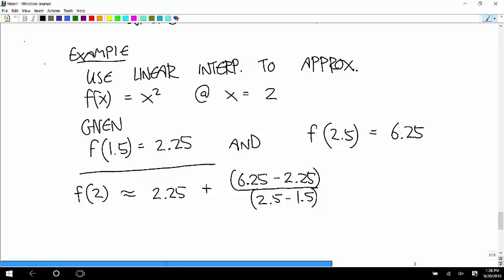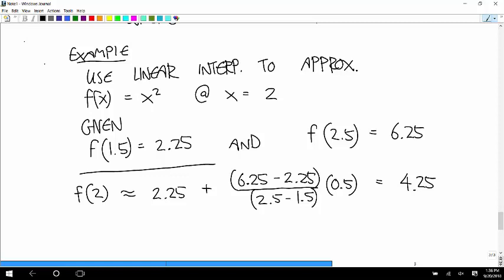Delta x is your x value minus x1, so that's going to be 0.5. And I got so excited I used values that weren't in my notes, so can someone calculate that? 4.25. Okay.